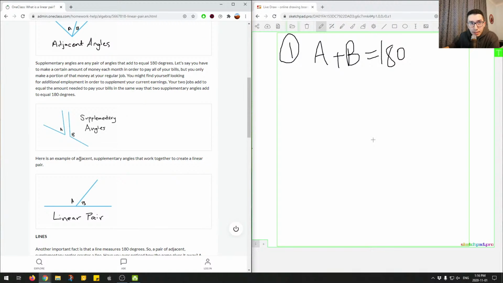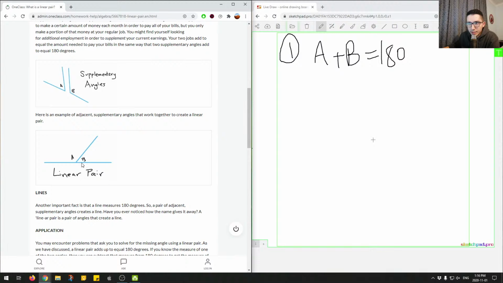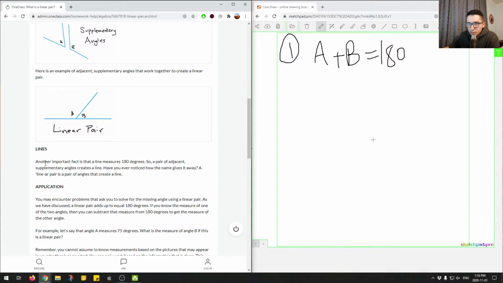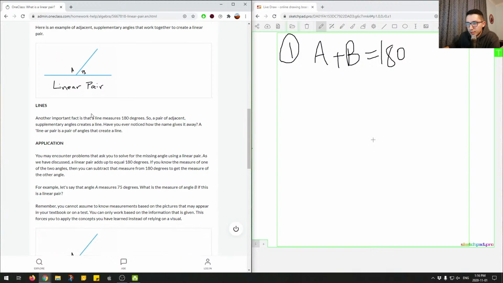And then finally, the combination of these two definitions will give us the linear pair. Here is an example of adjacent supplementary angles that work together to create a linear pair. We can see that these two are adjacent, right beside each other, and supplementary. They add up to 180.